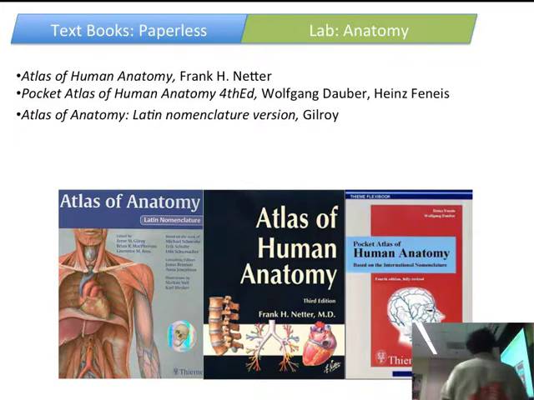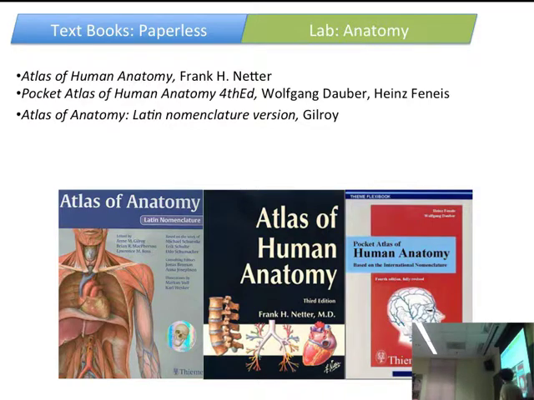And in lab, I've given you these three. This guy, Frank Netter, was the one that had that physiology atlas in the last slide. If anybody's interested in anatomical art, he is sort of the great late 20th century anatomist illustrator. So this is a really nice book.